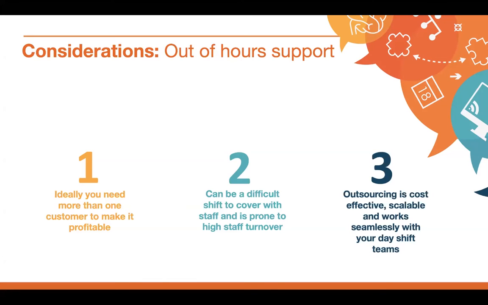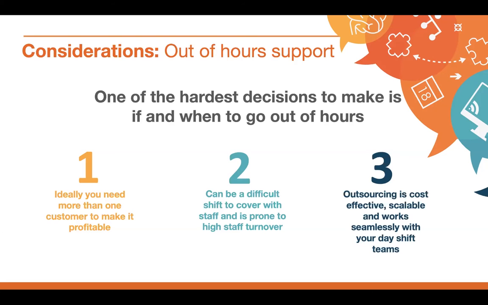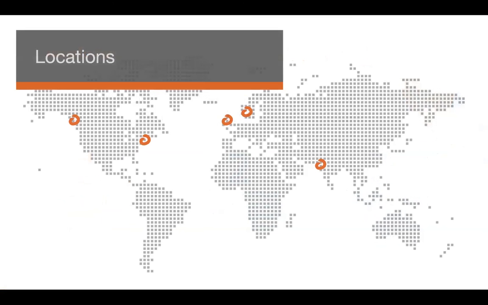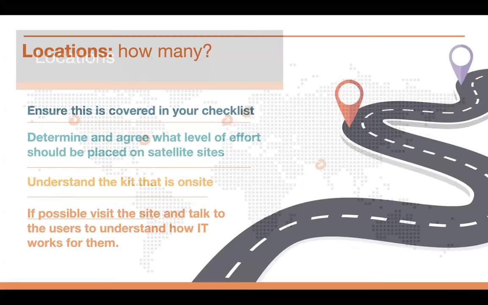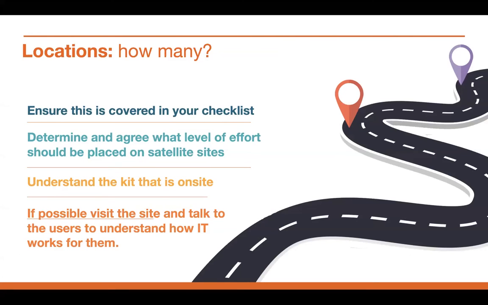So something to consider. Okay, so we're going to take a look at locations now, and why you need to consider the different locations that may make up the business. Some companies that you'll support will have multiple locations. You need to cover this as part of your checklist, because often when you send an engineer to site to do the onboarding, that's already costing you money.